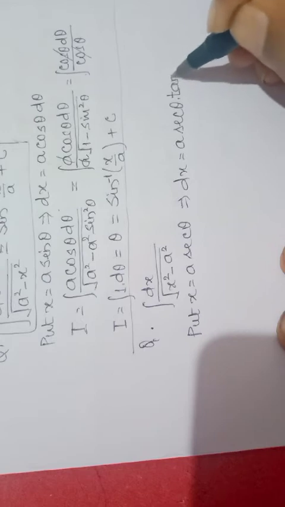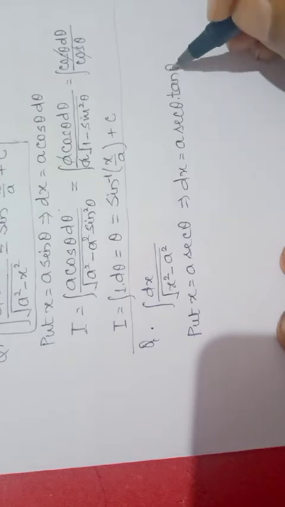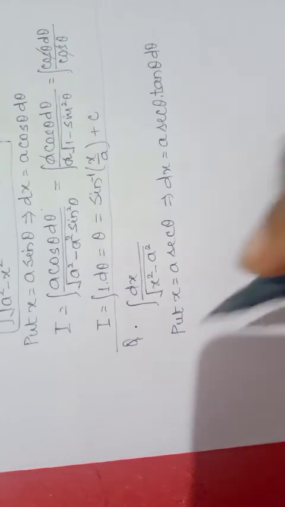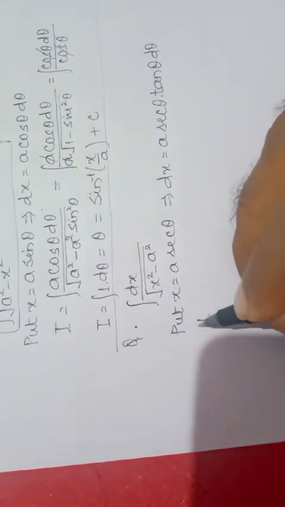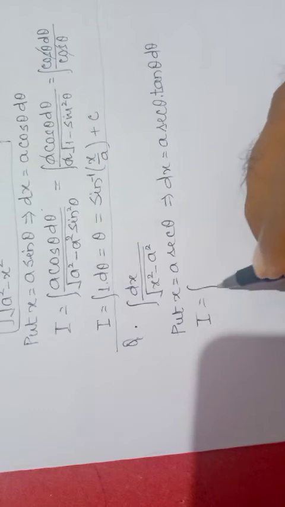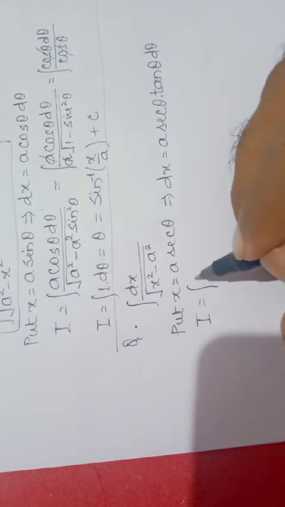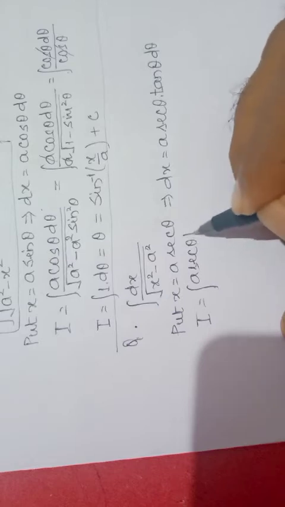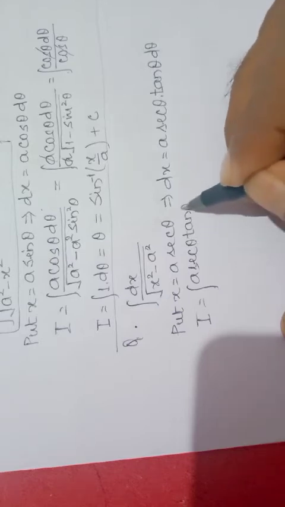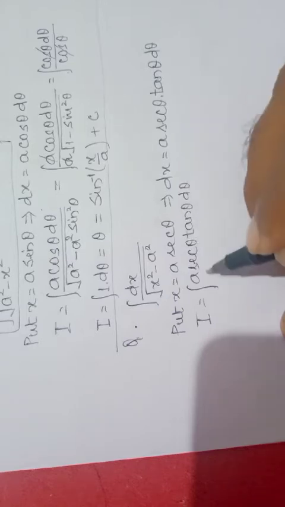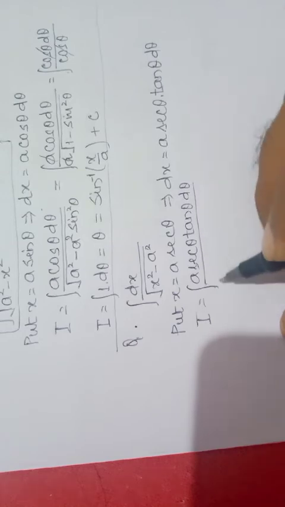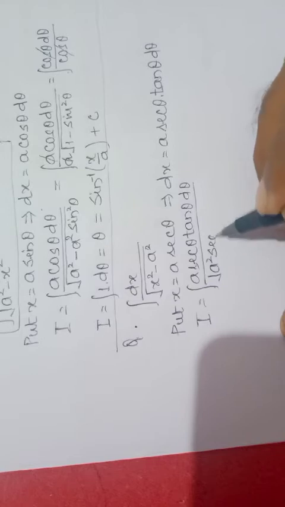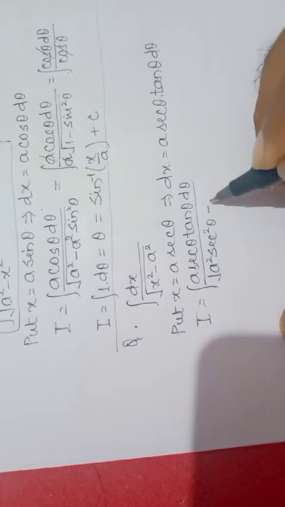Sec theta into tan theta and d theta. Now the given integral should be written as integral of dx, that is a sec theta tan theta d theta divided by a square sec square theta minus a square.